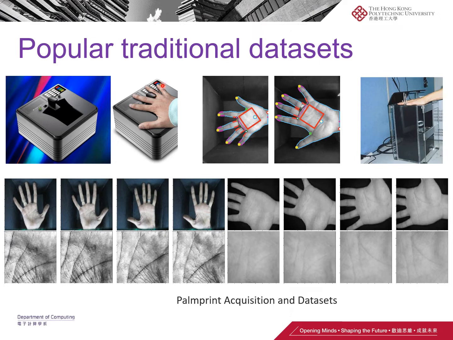You see there are some anchors to fix your hand on the machine, so the orientation will be unified. At the same time, those pictures are captured in a black box to unify the illumination. You can see you have to do a lot of things to unify the capturing condition, to eliminate the variations.